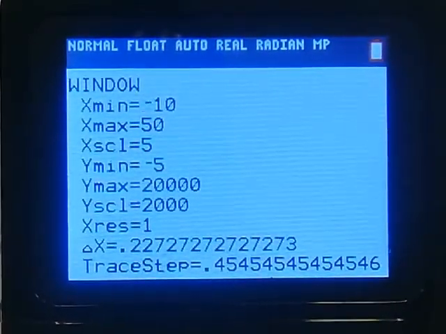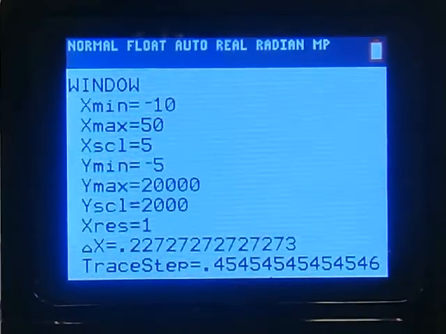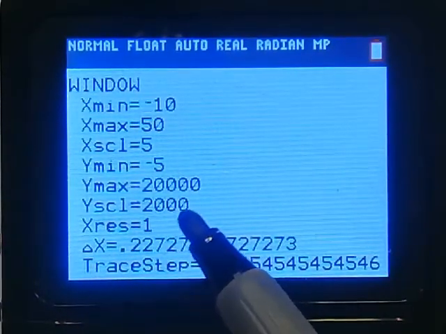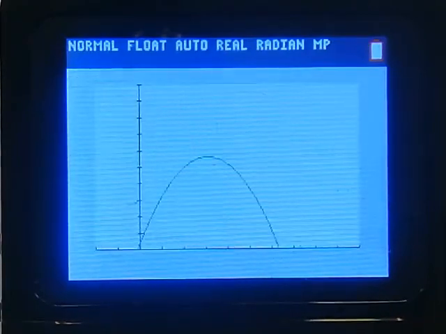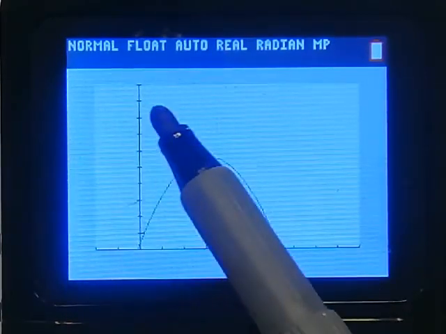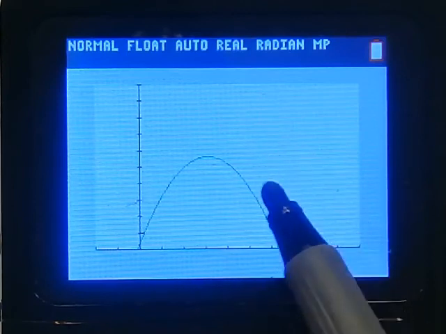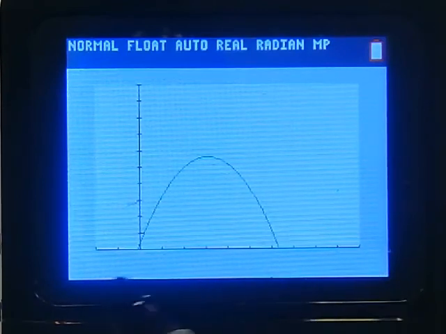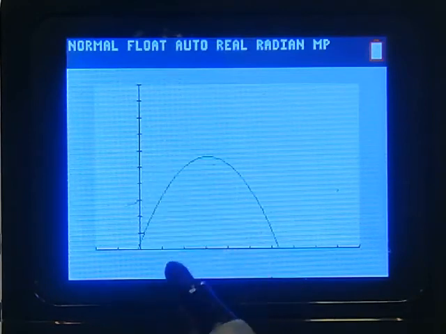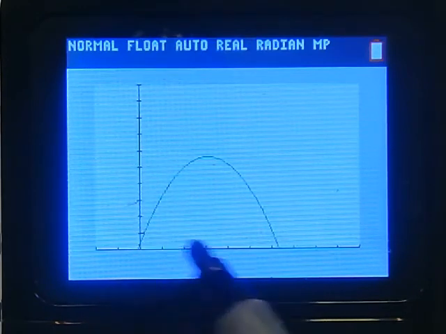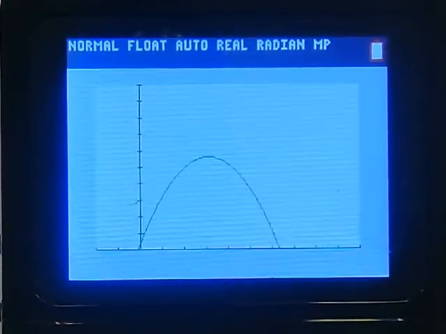But by using window, I could get to see the entire picture, see it in context of the x and y axis by changing some numbers on my window, and then I needed to change the scale so that they made some sense and they weren't just a bunch of tick marks that were too close together or too far apart.